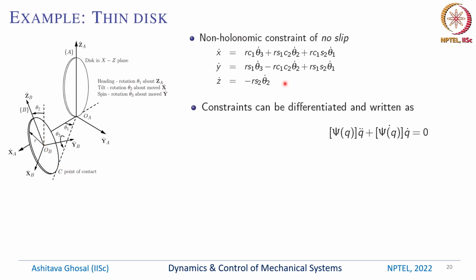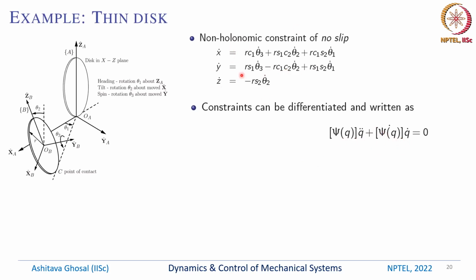We can take the derivative of these non-holonomic constraints, so first we need to write it as psi times q dot equal to 0, and then we can take psi times q double dot plus psi dot q dot equal to 0.